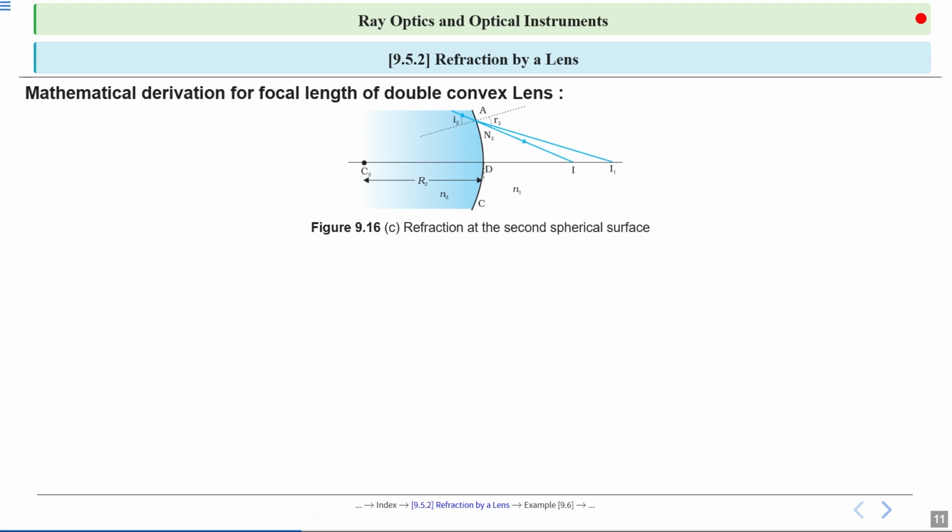So another surface ADC. Now you can see incident light is coming, after refracting through the first spherical surface ABC, it will fall on ADC. So for the second spherical surface, we will consider that on the left side of the spherical surface ADC, there is a medium N2 having refractive index N2.